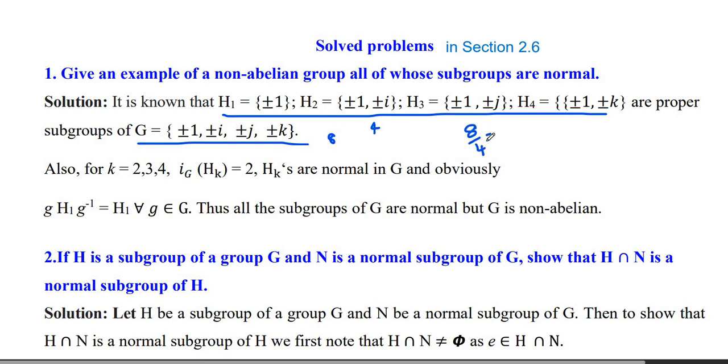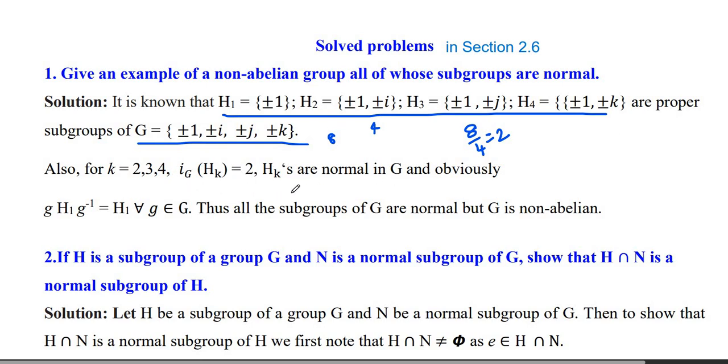So that is nothing but the index of each of these subgroups in G. So by one of the results mentioned earlier in the previous video, we have H2, H3, H4 to be normal in G.